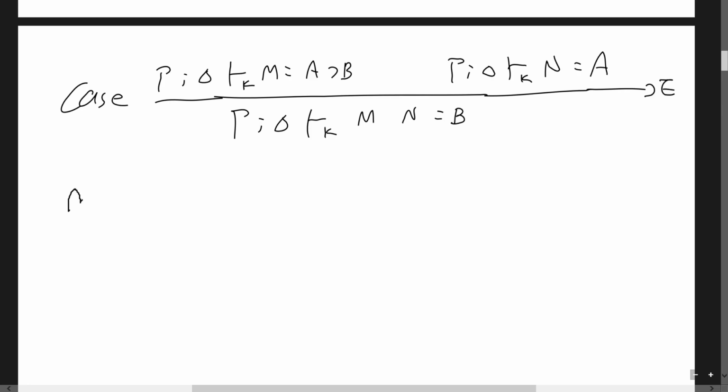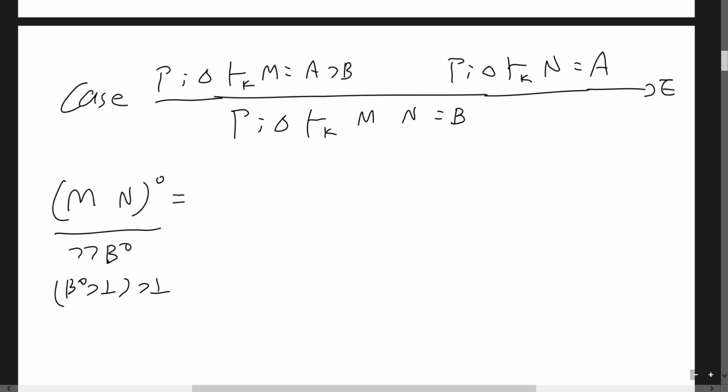So the question is, what is the translation of this application? It's going to have a type double negation B circle, that is, B circle implies bottom. So you first provide this continuation of type B circle implies bottom.